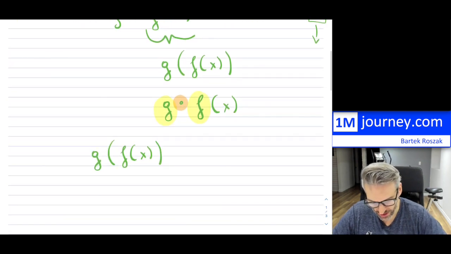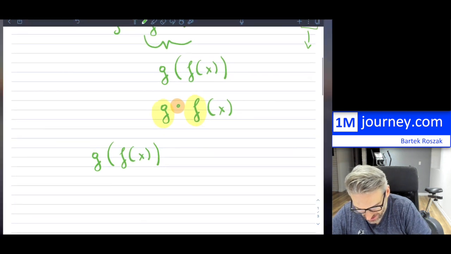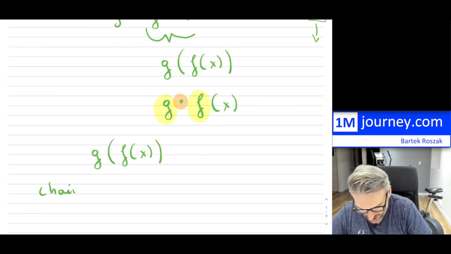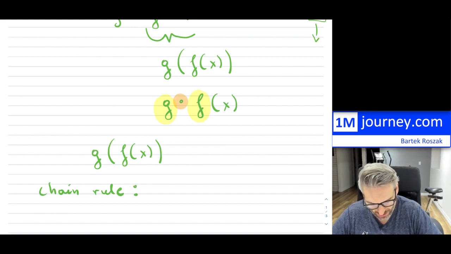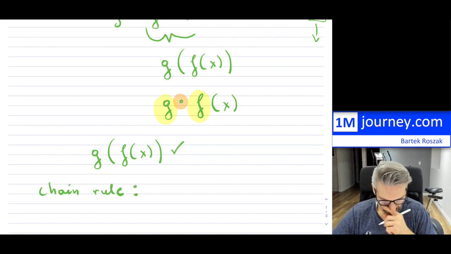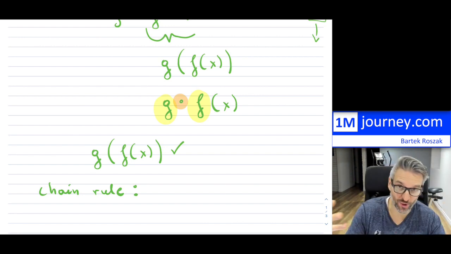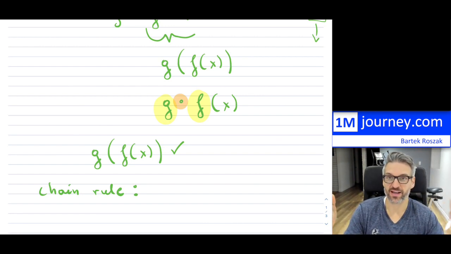But if you just want to know what the chain rule states, then we say that the chain rule in terms of the derivative is the following. To obtain this, sure, you can go through the whole definition of the limit as h approaches 0 and so on, but we don't want to do that.